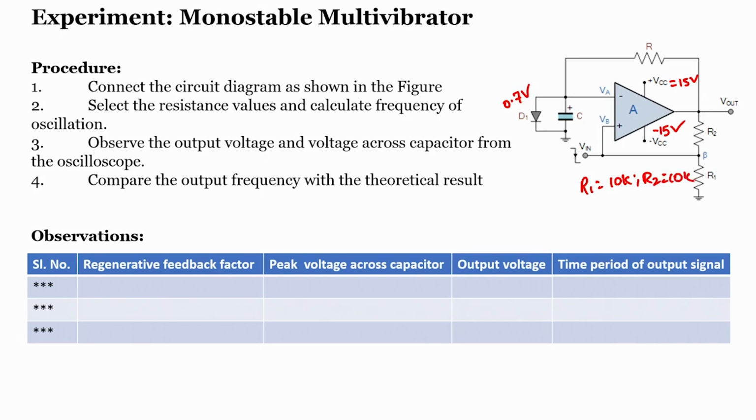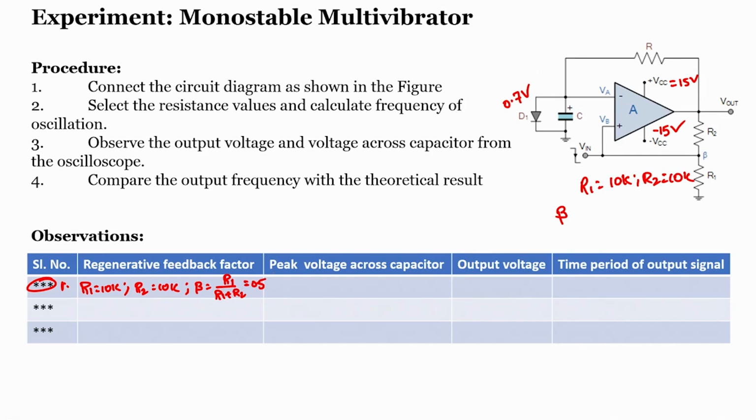So R1 and R2 are 10 kilo, meaning the beta value, which we call the regeneration factor or feedback factor, will become R1 by R1 plus R2, which is nothing but 1 by 2, which is 0.5, right.